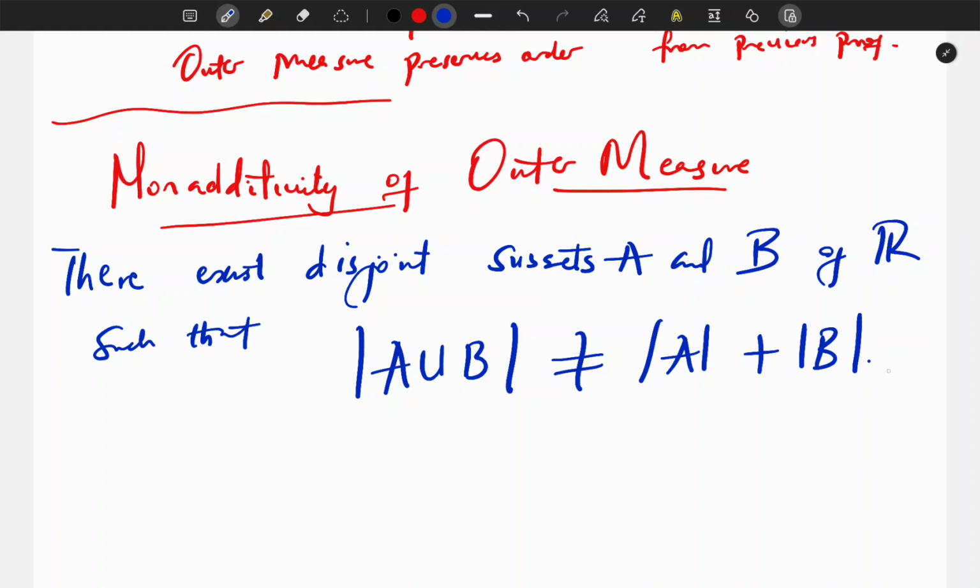So because of these properties, we are going to move to another section whereby we can define another nice measure which we can begin to use instead of this outer measure.